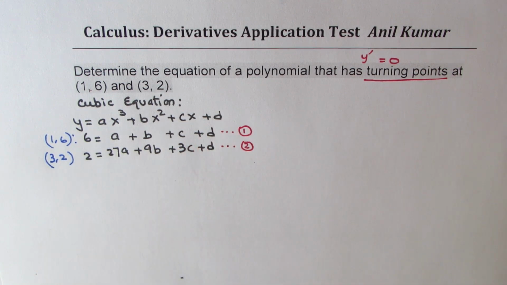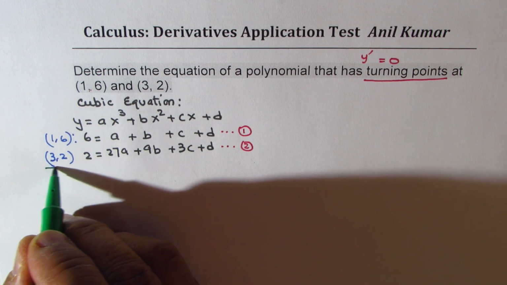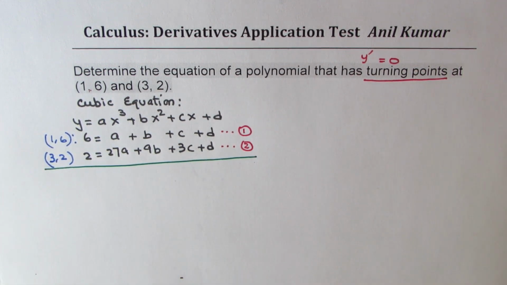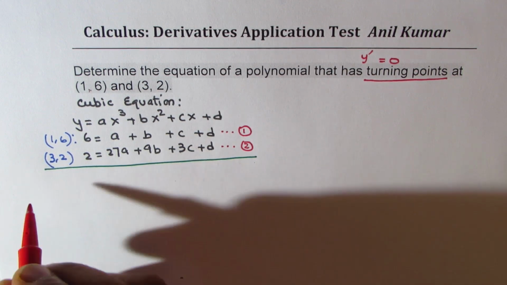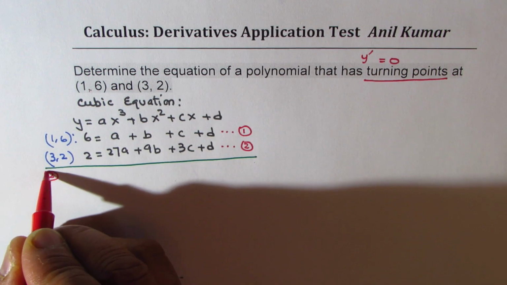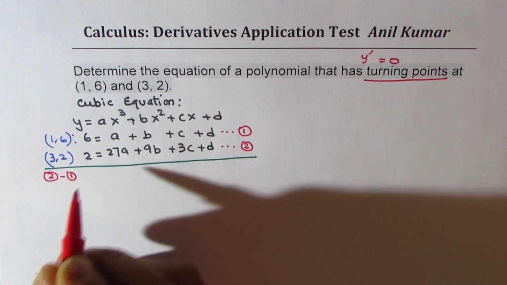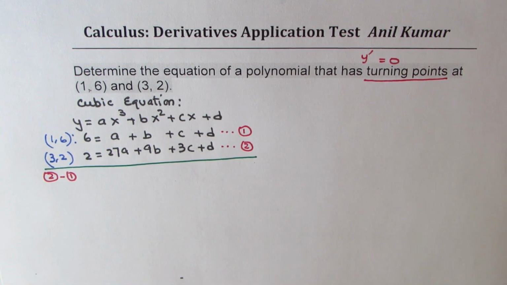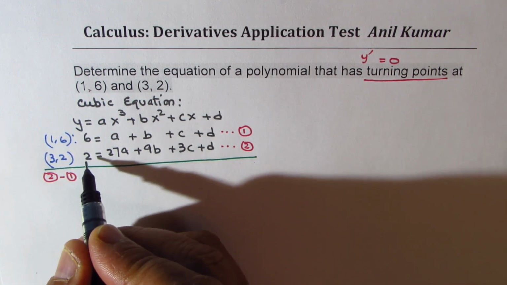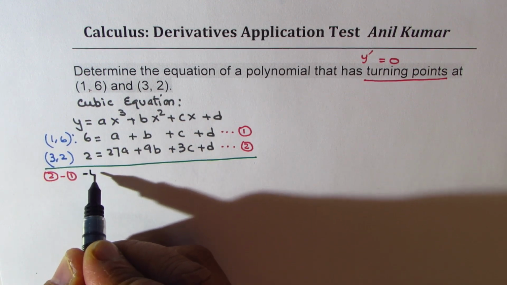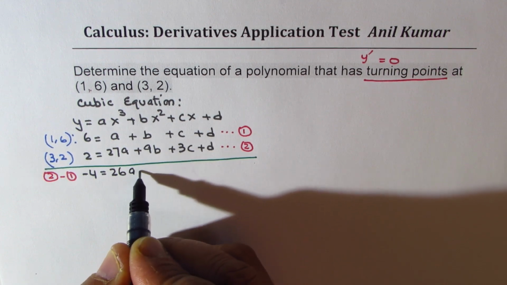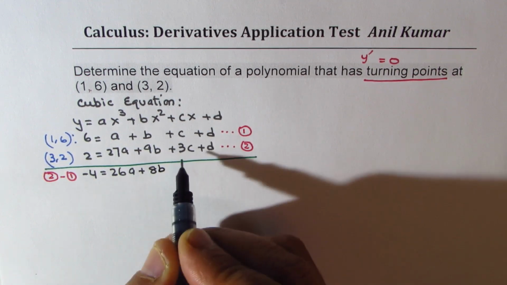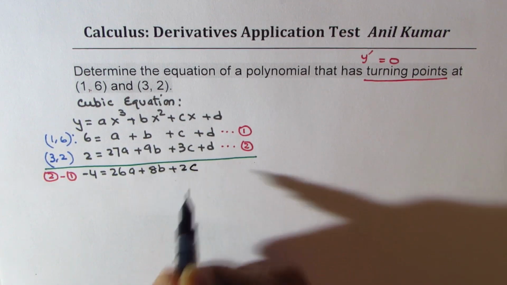Now from these two equations, as you can see, we can eliminate d. So if I do, let us say, equation 2 minus equation 1, then we could eliminate d. 2 minus 1, we get minus 4 equals 26a plus 8b plus 2c.